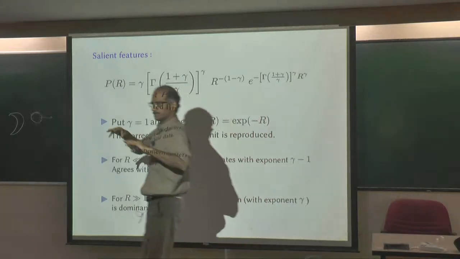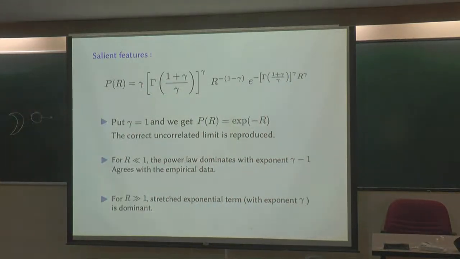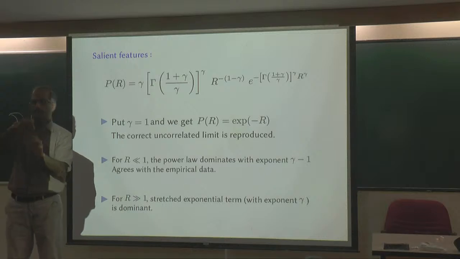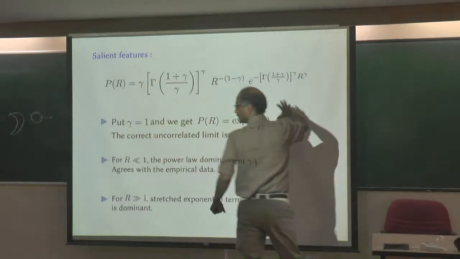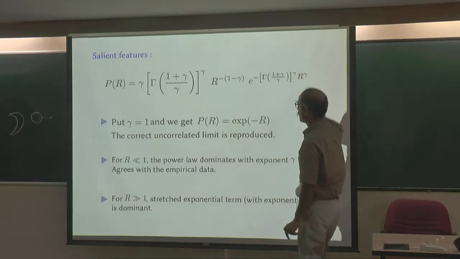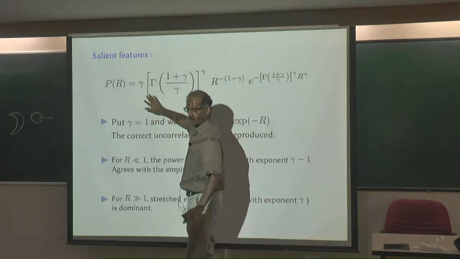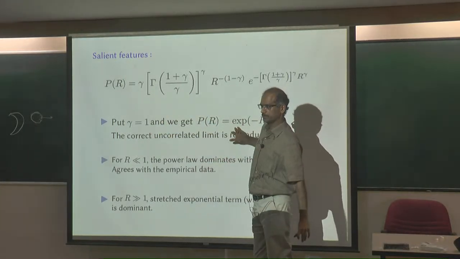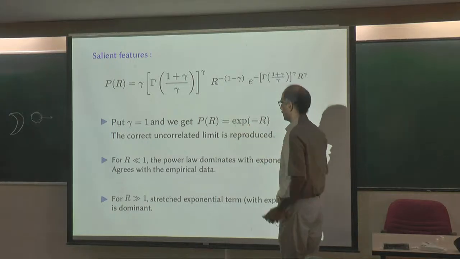So in other words, going back to the so-called Wigner surmise, what you do typically is, I have an energy level here. If I want to know where the next one is going to happen, it's basically a product of the probability that over some interval you don't have an energy level, and the probability that over a small interval after that there will be one energy level. A very similar kind of argument goes into obtaining this relation. And very nicely, if you put gamma equal to 1, you go back to the uncorrelated process, and it reduces to simply e to the power minus r.